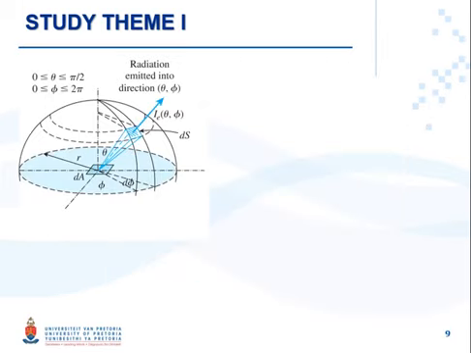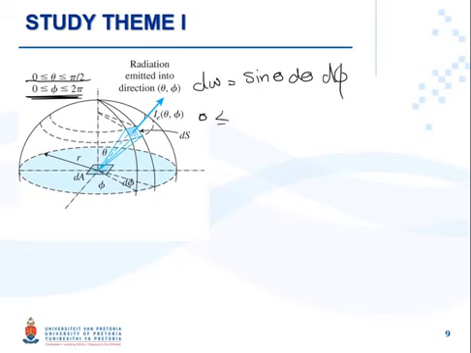To calculate the solid angle associated with the entire hemisphere, we can integrate the differential solid angle for theta between 0 and pi over 2 and phi between 0 and 2 pi. So we said that the differential solid angle is equal to sine theta d theta d phi. Let's calculate it.